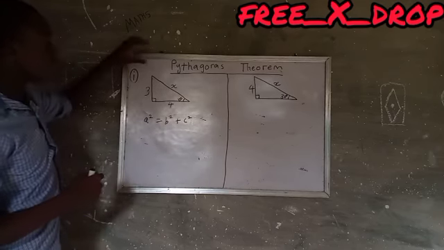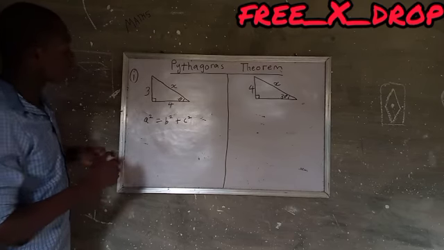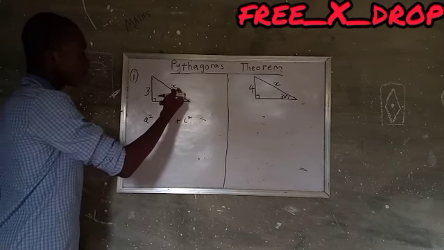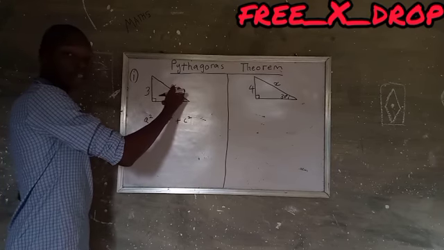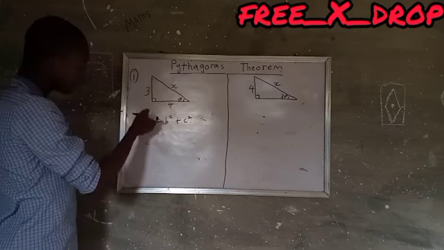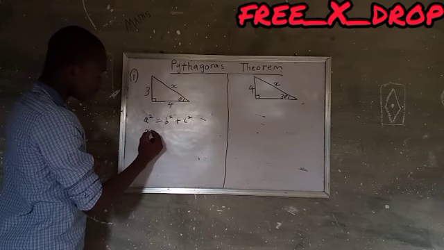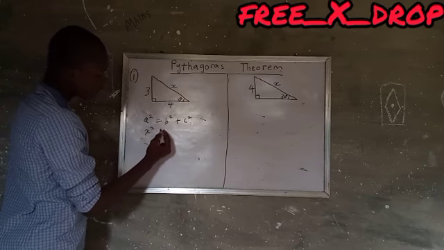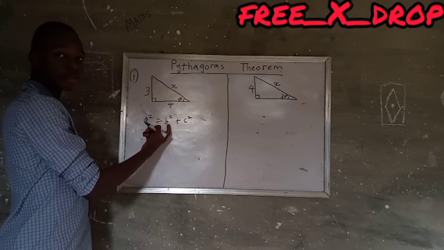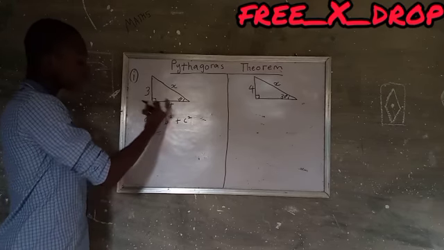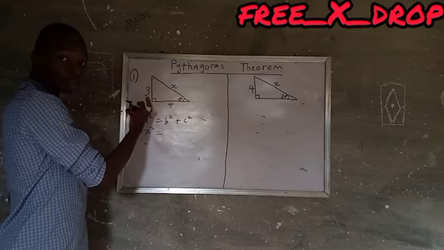Now as you can see here, they say find the hypotenuse, and that's what we're going to be looking for. Now where is the hypotenuse here? A square. So what did they give us? They gave us x. So we fix it inside the formula, which is x square equal to, this here is b. So which side stands for b? Is the opposite. And what did they give us as the opposite? Is 3.